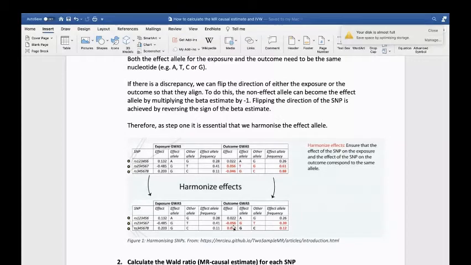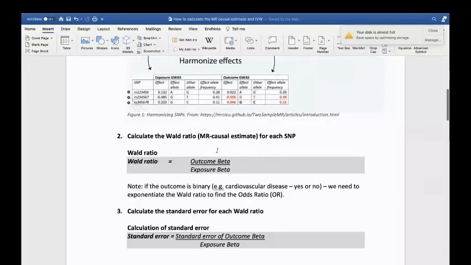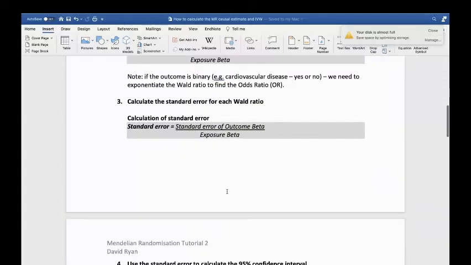Does that make sense? And then after that, we find the Wald ratio. So that's the beta for the outcome over the beta for the exposure. And again, if it's a binary outcome at the end, we need to exponentiate that to find the odds ratio. The standard error is found using this calculation.